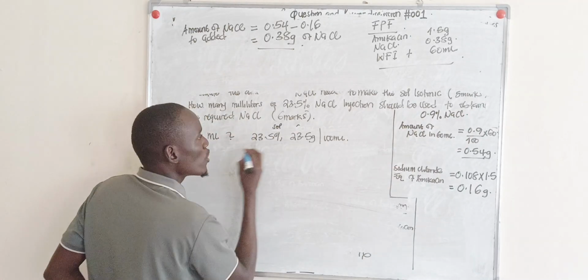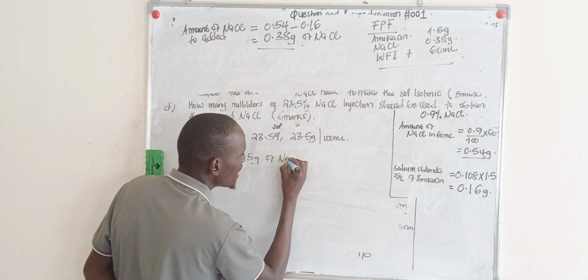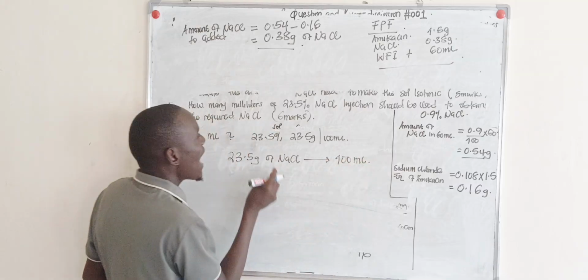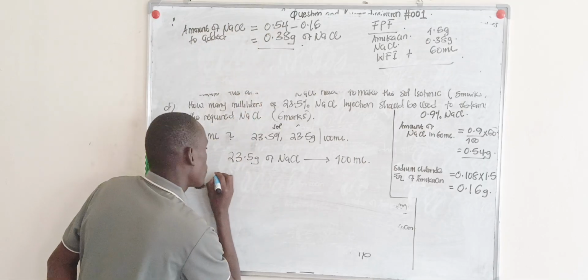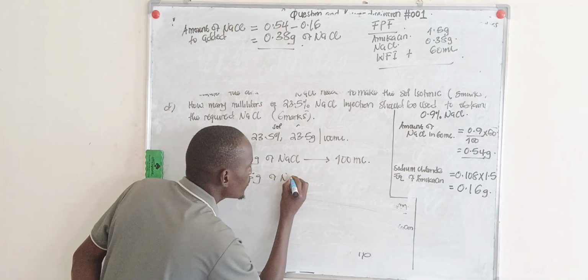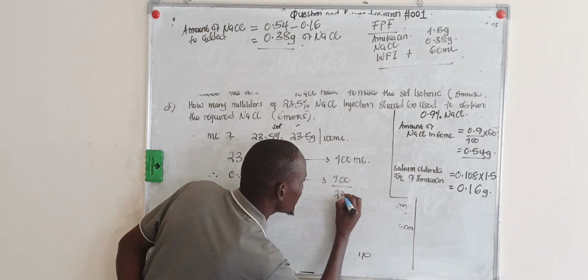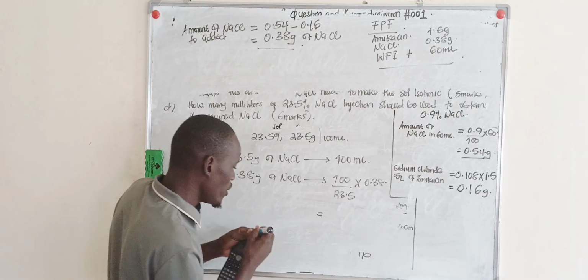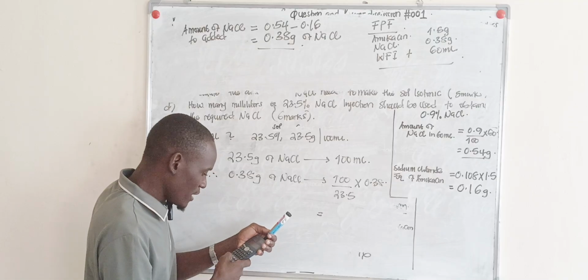But remember, we already said that if 23.5 grams of sodium chloride is contained in 100 mils, how about the amount that we know? Therefore, 0.38 grams of sodium chloride will be contained in 100 divided by 23.5 times 0.38.